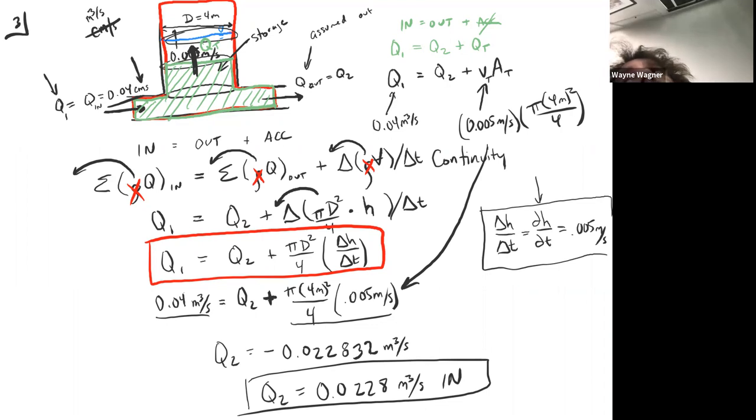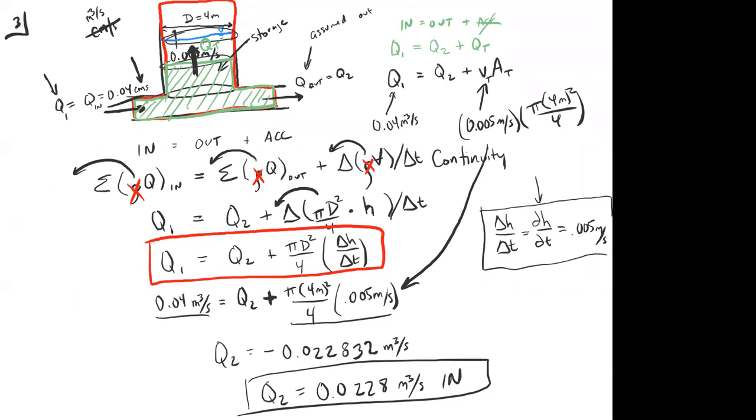Any questions? I got one. I was actually going to do exactly the same way you just did, but what I got confused about was the one on the top. I didn't know that was supposed to be V tank.